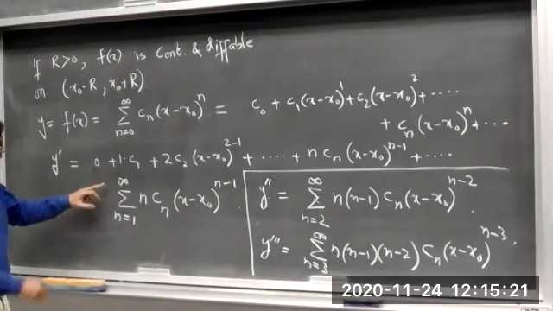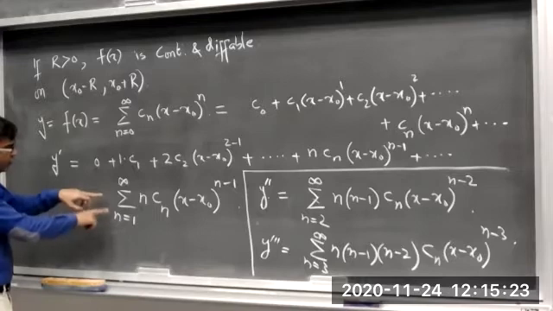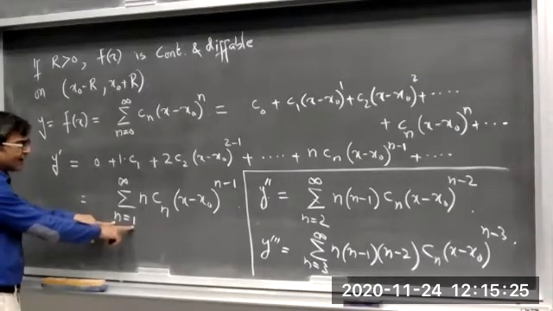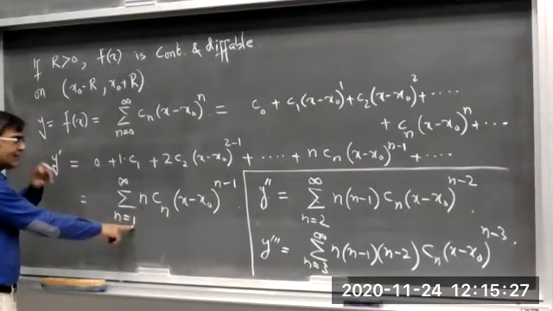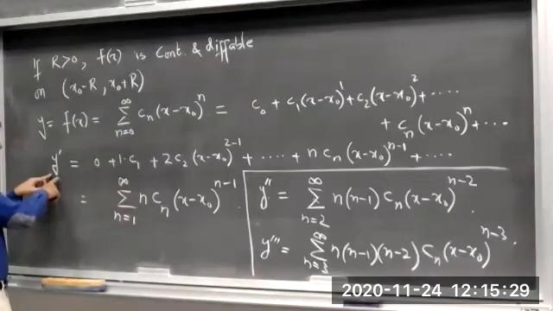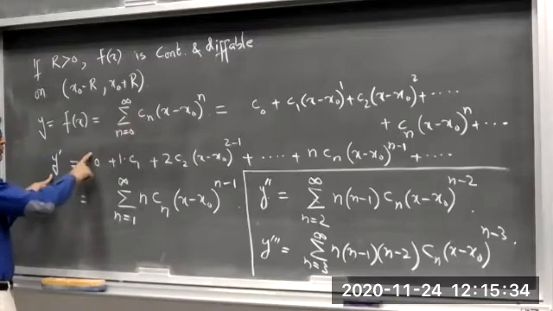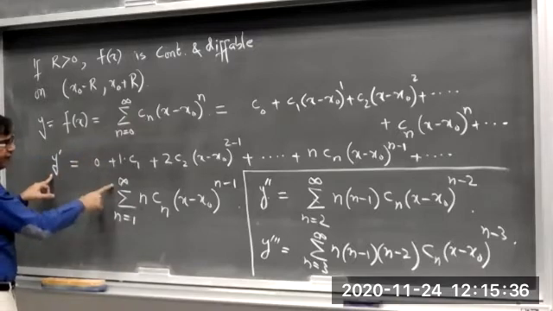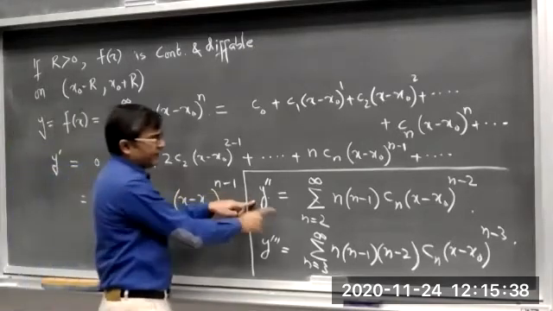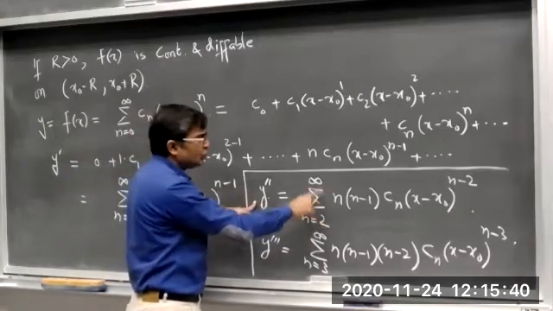I hope you also got why we increase the summation index by successively taking the derivatives. In the first derivative, the first term in this series will become 0 and the summation will start from 1 to infinity. In the second derivative, the summation similarly will start from 2 to infinity.